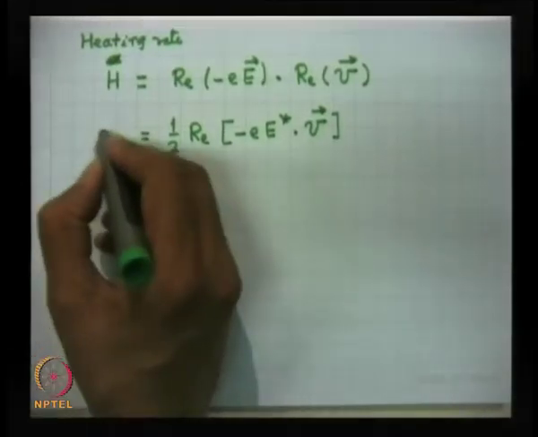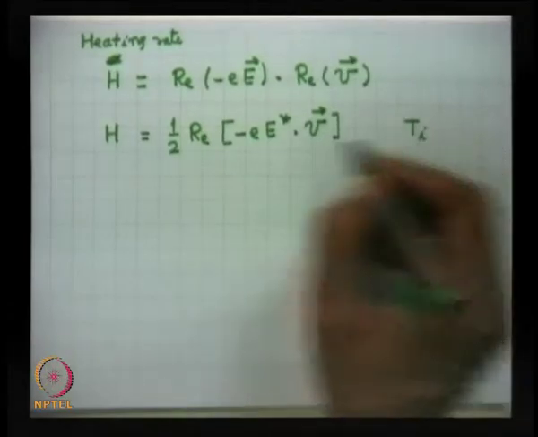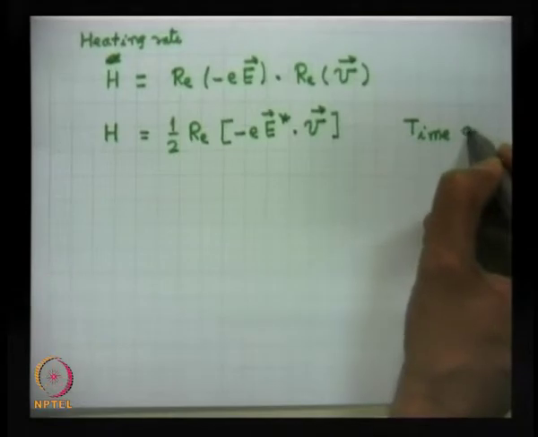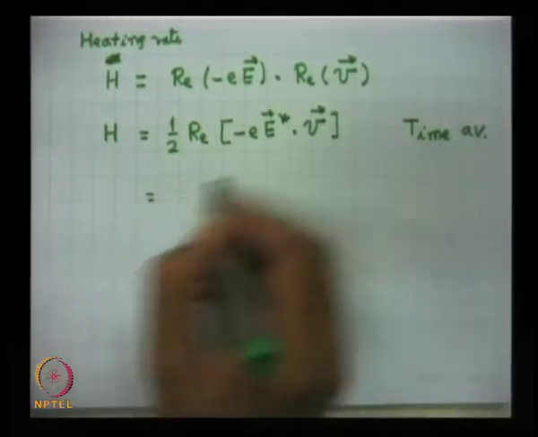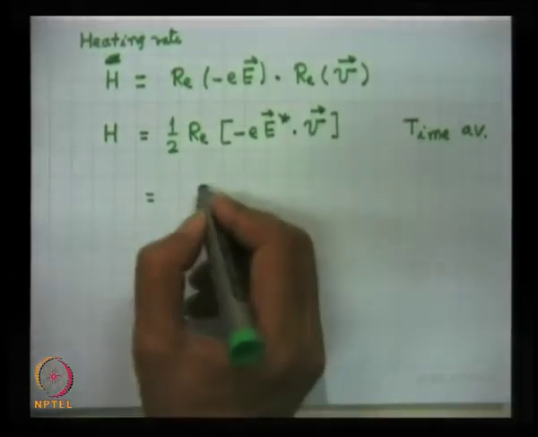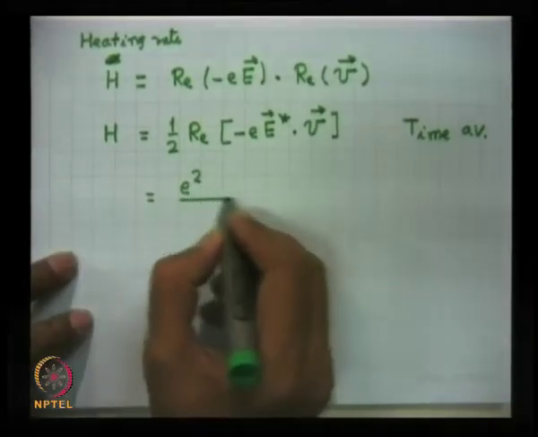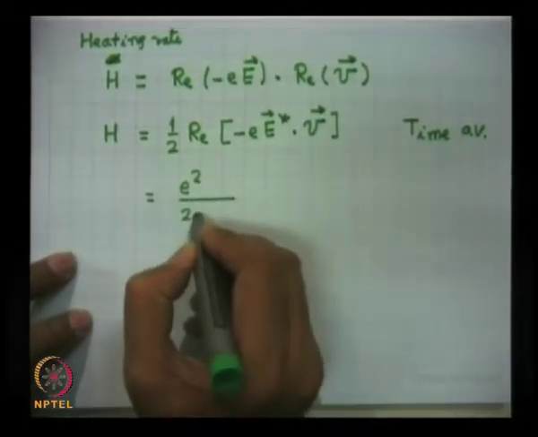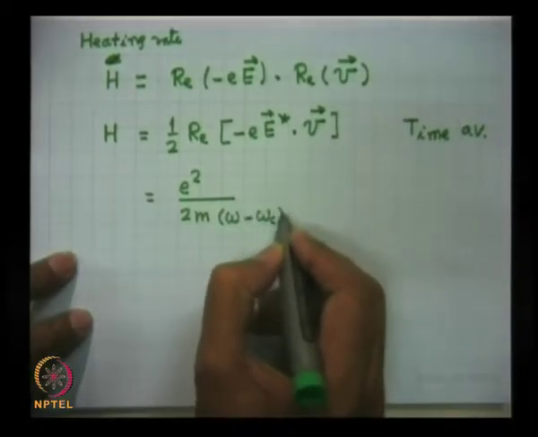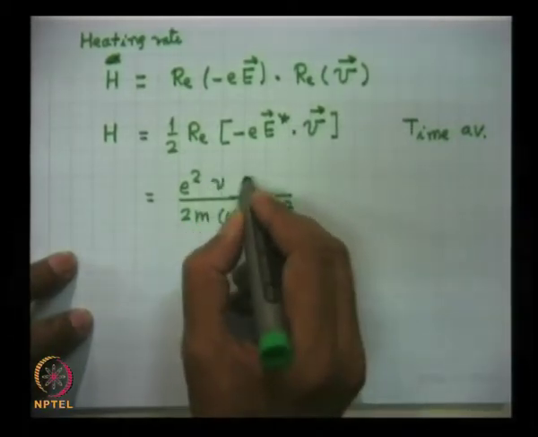So, when I take the time average of H, I get a simple expression, and if I substitute for V and take the real part of this product, it turns out to be E² upon 2m, ν E*, upon (ω − ωc) whole squared.